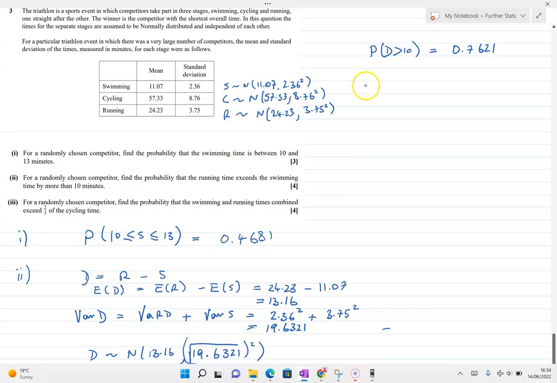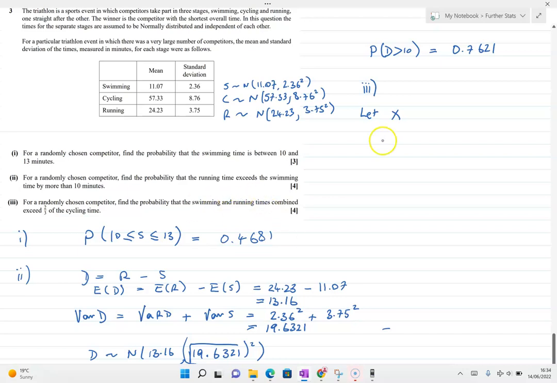And then the next question, it says, for a randomly chosen competitor, find the probability that the swimming and running times combined exceed 2/3 of the cycling time. So what can we do here? I might just let X be the difference between the total. So X, the distance between the total of the swimming and running time.